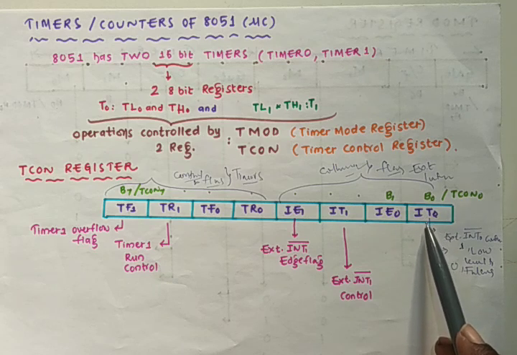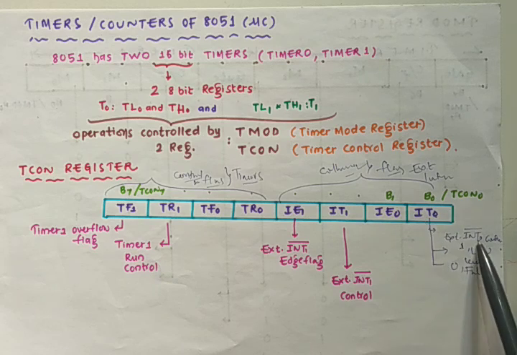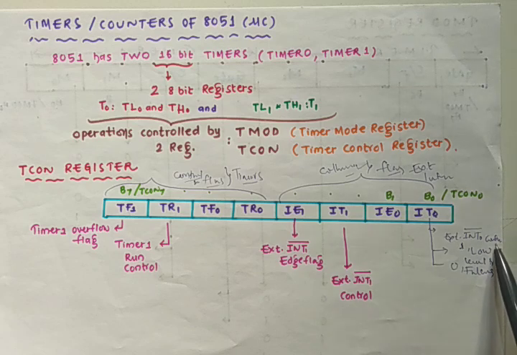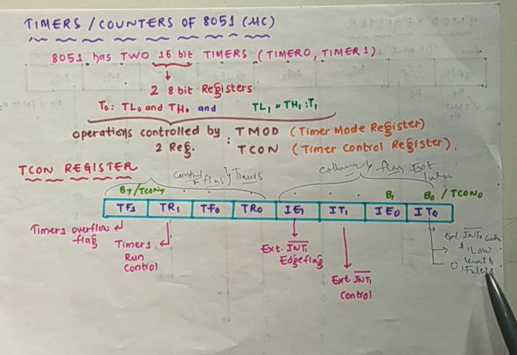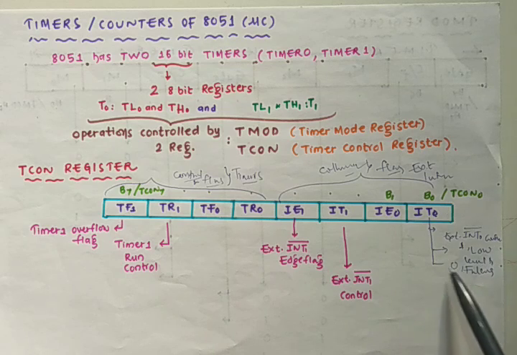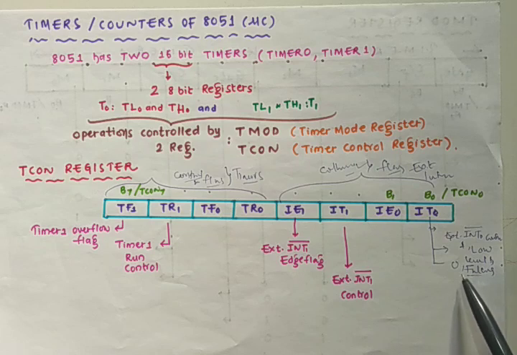Whenever the external interrupt control, that is IT0, is 1, that means it is low level triggered. Then here this is what it is. Whenever it is 0, we can call it falling edge triggered.